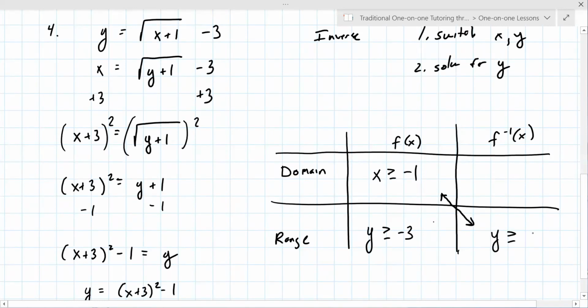So y must be greater than or equal to -1. Similarly, the range of f is the domain of the inverse. These are the same diagonally here. But because the domain is x, not y, you write x greater than or equal to -3.